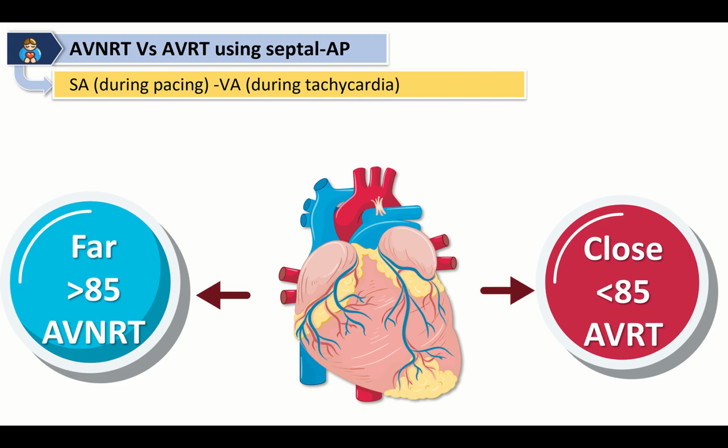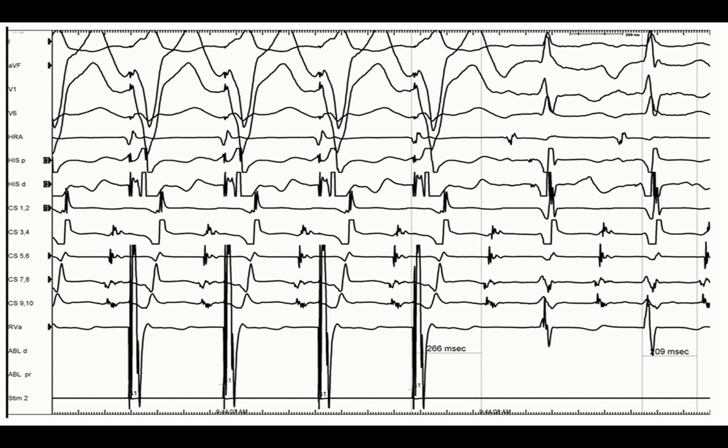In AVRT, we are very close to the circuit that involves the ventricle, so the value of stimulus to A minus VA during tachycardia is less than 85 milliseconds. And this is a case of AVRT using an accessory pathway.